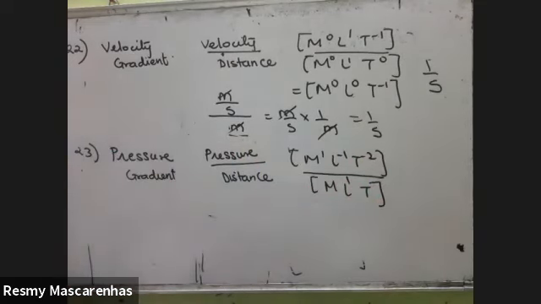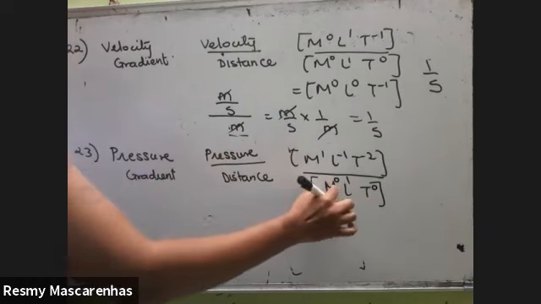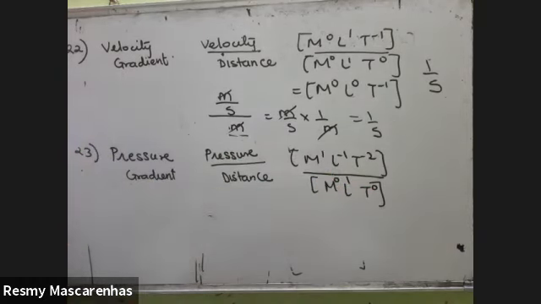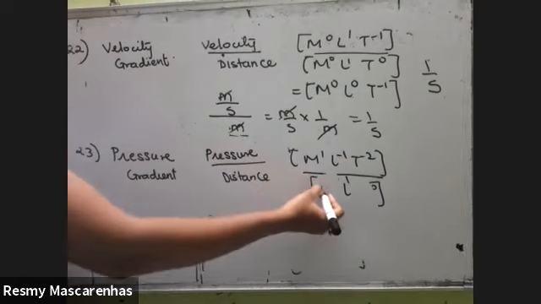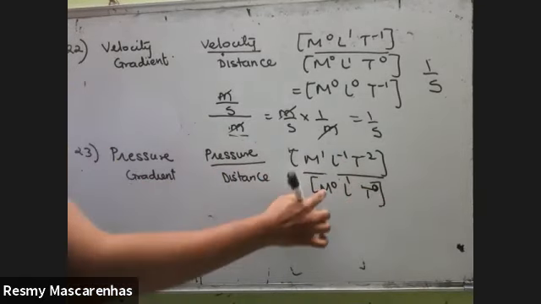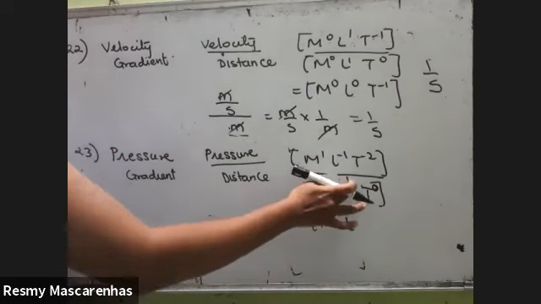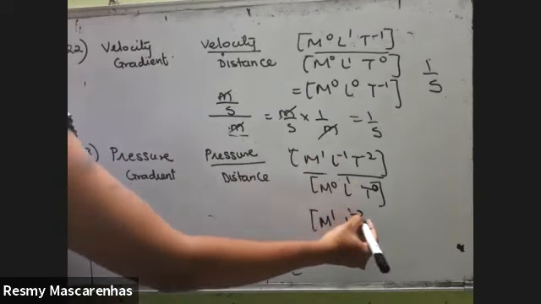If you keep the power blank, it is assumed to be 1. If you don't write the power, it will be assumed as 1. If the power is 0, just specify it. Otherwise, write only the letter. You can do it like this also. And now calculate. This will be M, and minus 1 will give you minus 2.